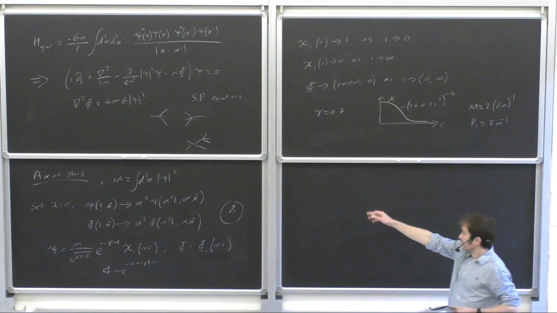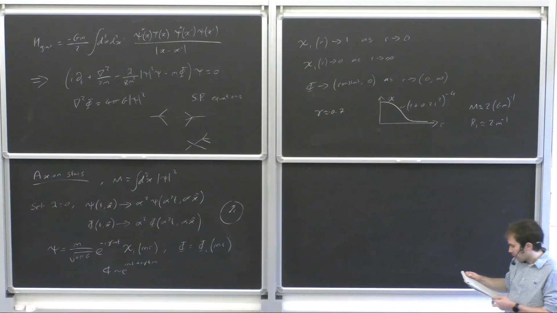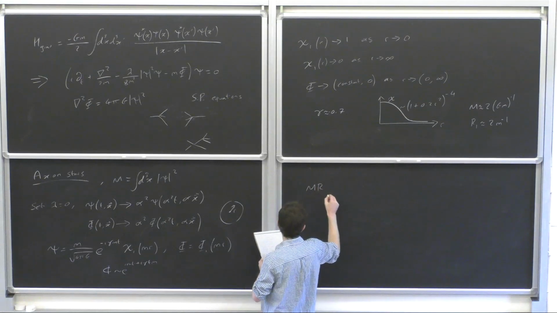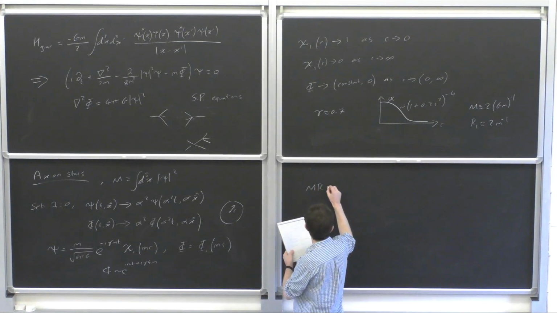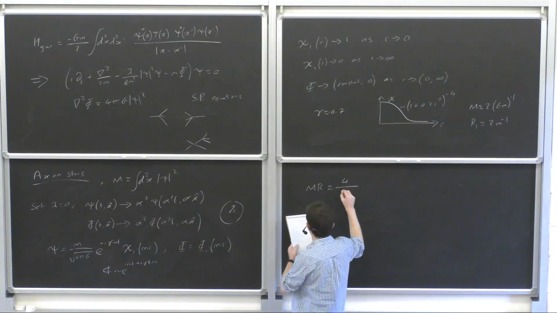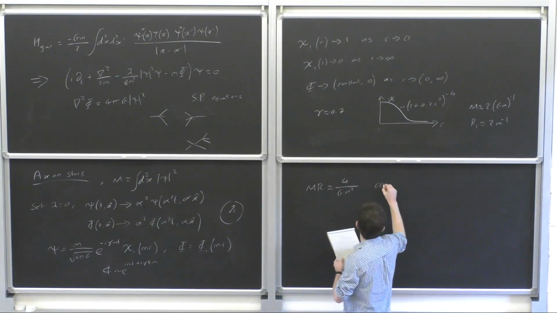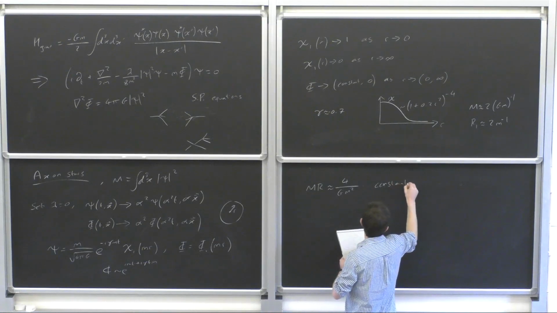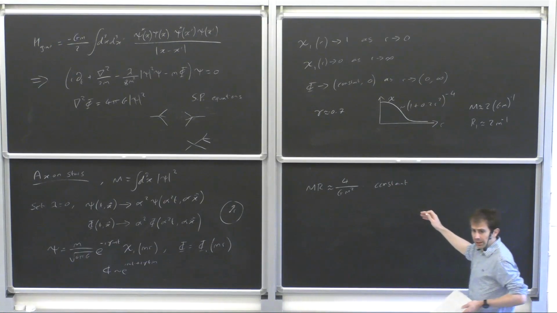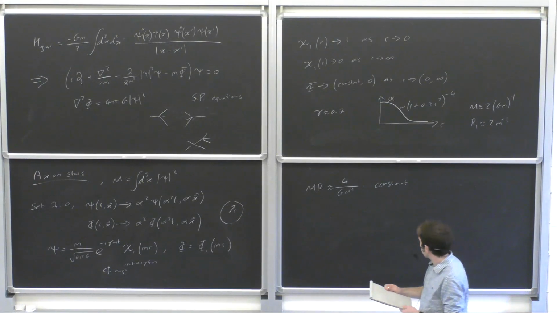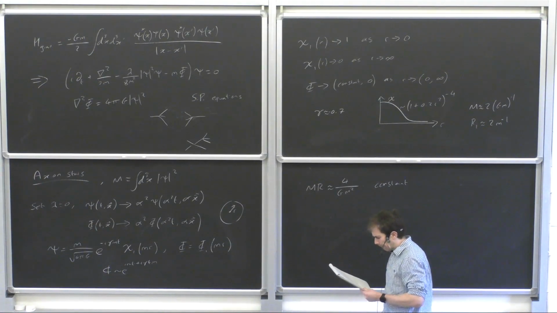And if you make use of these rescaling symmetries, you can show that the product of the axion star mass and its radius is actually constant. So no matter how I rescale my solution to get axion stars of different masses, this combination remains fixed in terms of the axion mass.